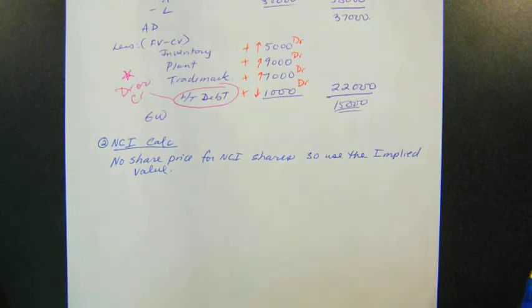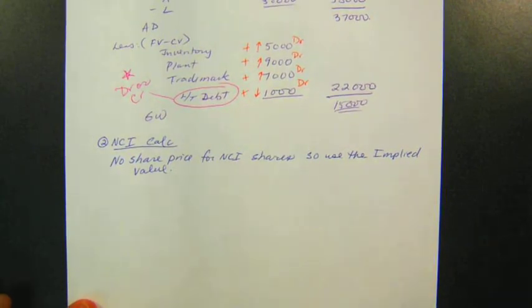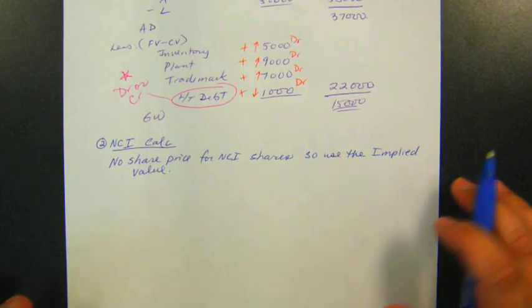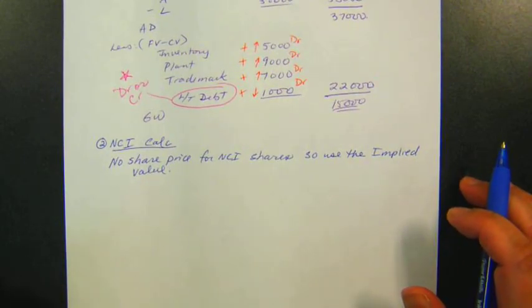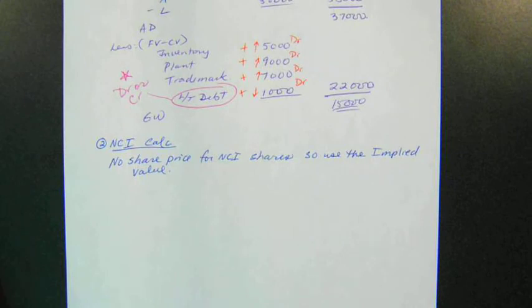Say that again? If you do know the share price, what's the formula? Oh, then it's the number of shares times the share price. Two forms. I have one of them, NCI% times the fair value of the sub's net assets, and another formula that's NCI% times the implied value. Okay, that first one, we'd measure the fair value of the shares on that date. That's different than this. What page, are you on notes somewhere?